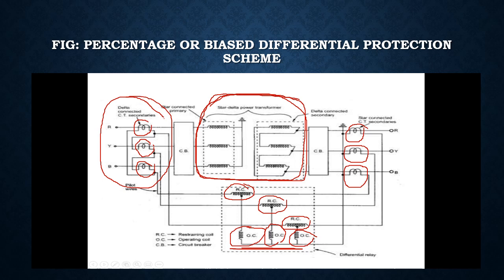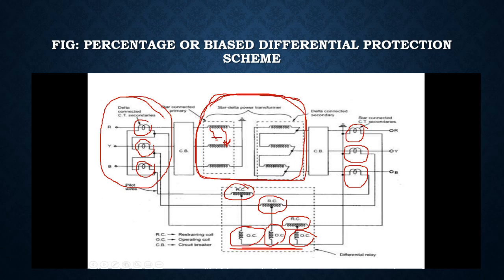When a fault occurs, for example a phase to phase fault like this, or a phase to earth fault like this, then the secondary currents on both sides of the current transformers will no longer be the same, therefore a differential current will flow through the operating coils of the relay.